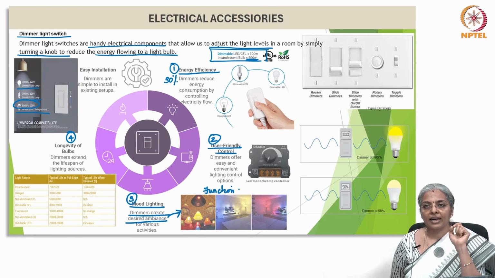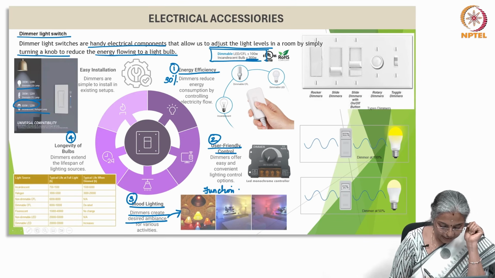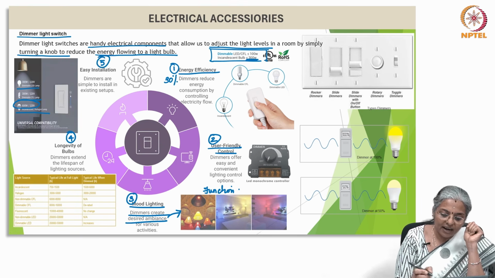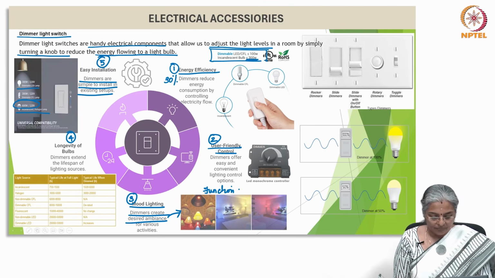When it comes to electric lamps and chandeliers, dimmers play a great role in enhancing the flexibility of electric flow. And fifth is, they are very easy to install. So, dimmers are simple to install, especially in the existing setup.